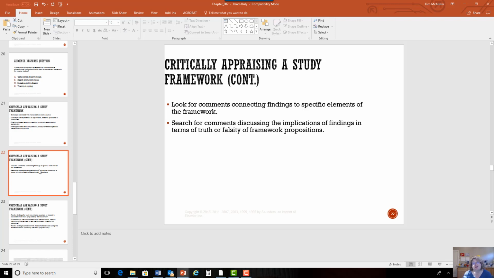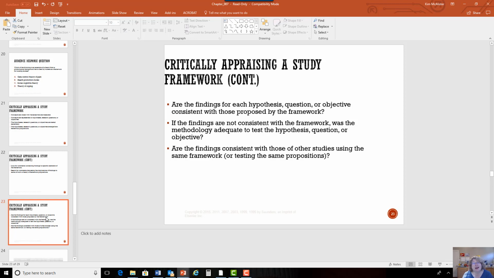And then you want to find things that say, yes, our results confirm our framework, or they didn't. It's not a bad study if they don't prove their hypothesis. It just means they prove the null rather than the true hypothesis. And that's still good, effective research.